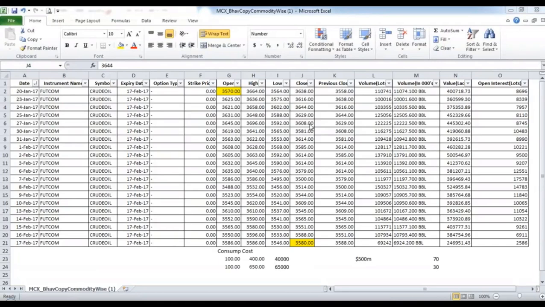Apologies. Okay. So now when this went and it closed above this level, did the open interest reduce or increase?